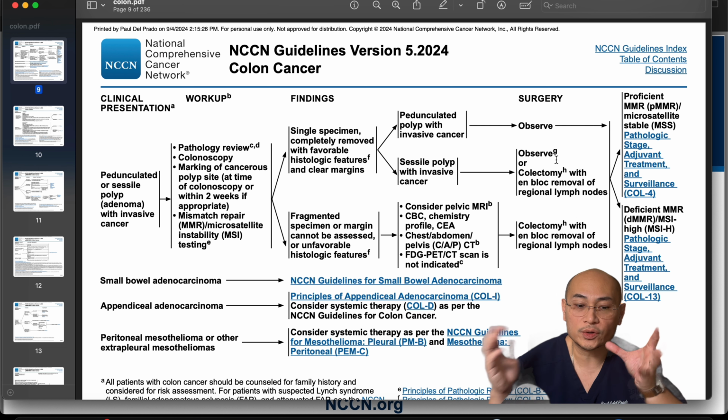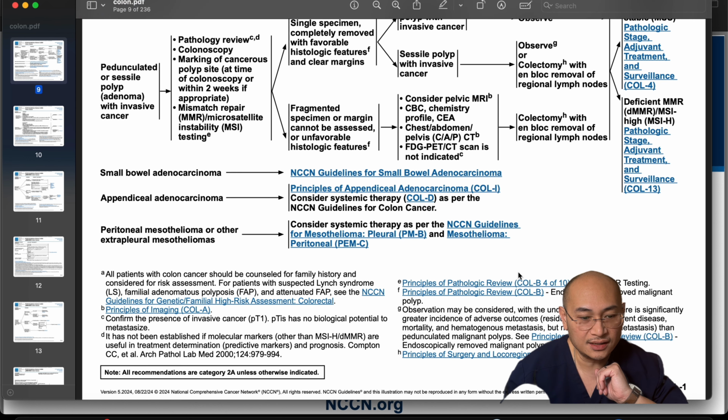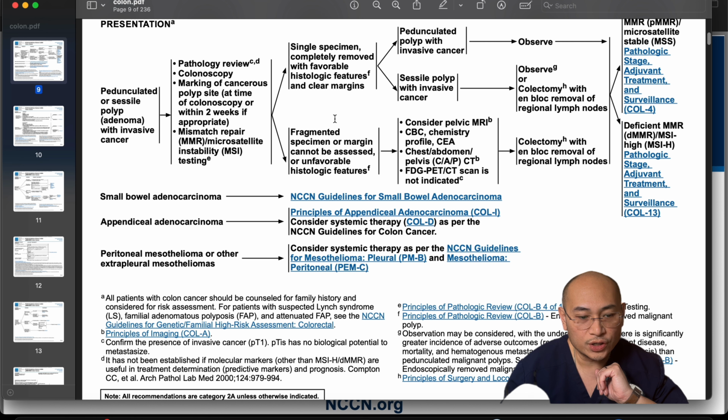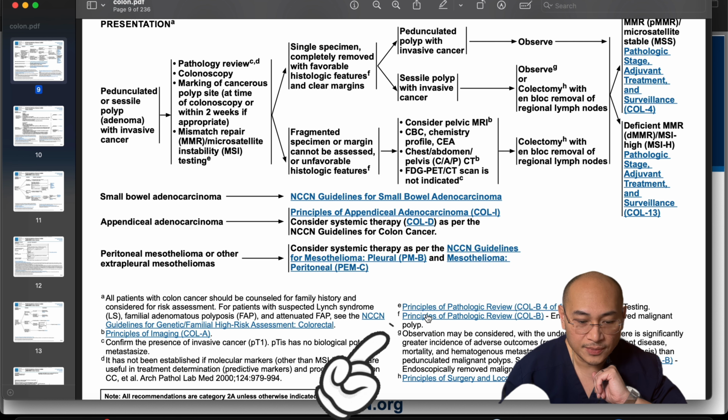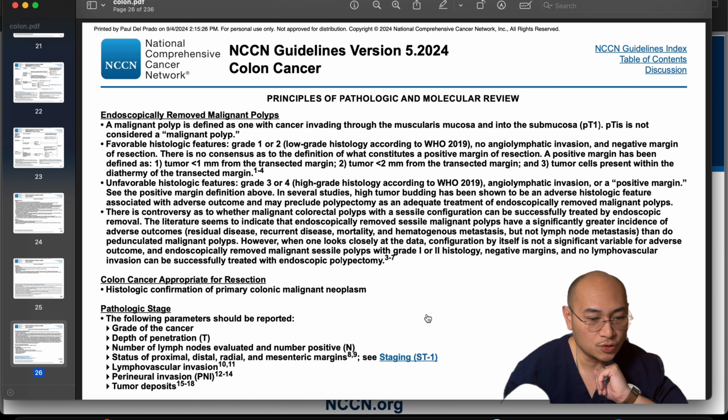How do we know and differentiate? Well, there would actually be guidelines down here wherein you would have favorable histologic features and clear margins. And if you go down and click Principles of Pathologic Review, this will take you to page 26, wherein you will have your favorable histologic features and then unfavorable histologic features.